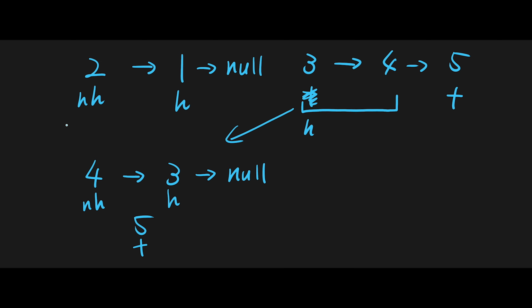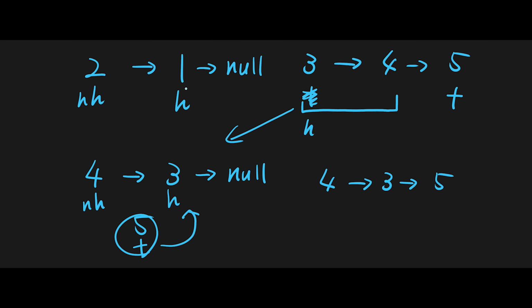K is already removed, but in this problem K equal 2, so we have only one node. In that case, we just return 5 itself and then connect head.next. So in the end, we connect 5 to head.next. That means 4, 3, 5. And then after that, we have to connect 4, 3, 5 to head.next, right?